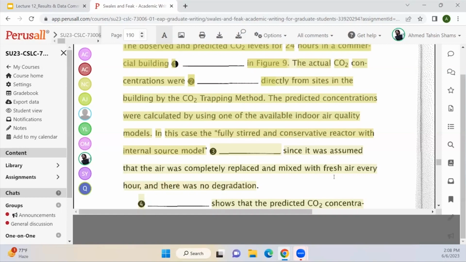And while filling up the gap, also think about the tense, because there's a mix of present and past tense in this section. So when we use present simple and when we use past.